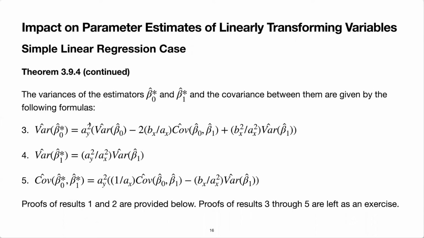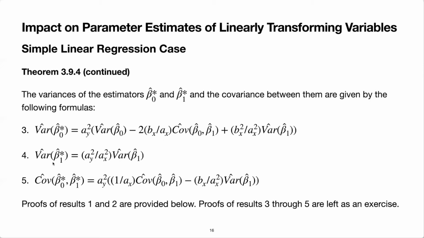You can see that we're multiplying a sub y squared against this entire expression inside the parentheses. Inside the parentheses, we have the estimated variance of beta 0 hat, which is obtained by fitting the original model, minus 2 times b sub x over a sub x times the estimated covariance of beta 0 hat and beta 1 hat, plus b sub x squared divided by a sub x squared times the estimated variance of beta 1 hat.